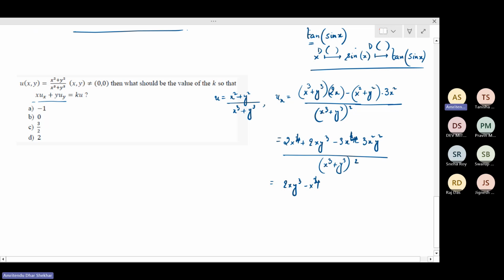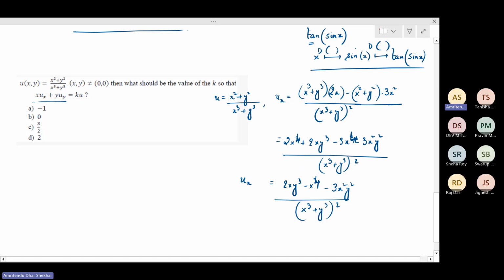Right, so this is equal to 2xy cubed minus x to the power 4 minus 3x squared y squared, upon x cubed plus y cubed. So this is the ux basically.